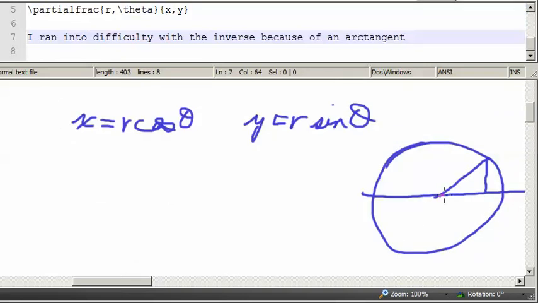Remember, this comes from the idea of going around a circle with x being that way, y being that way, and let's say r going this way, and theta being some angle in here, and that gives the relationship between these three variables, or four variables.